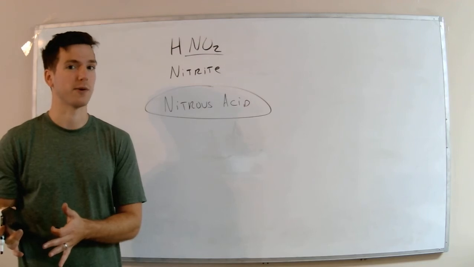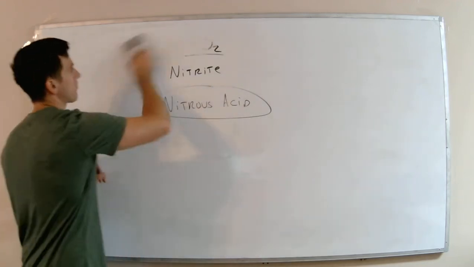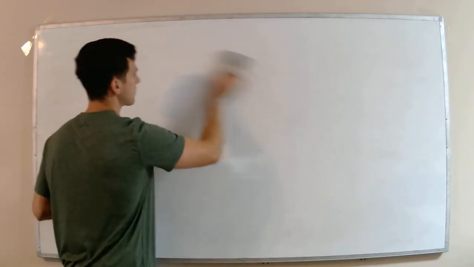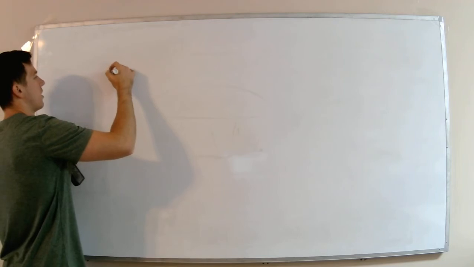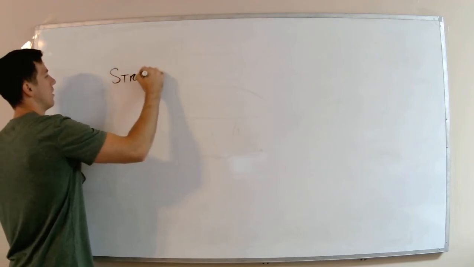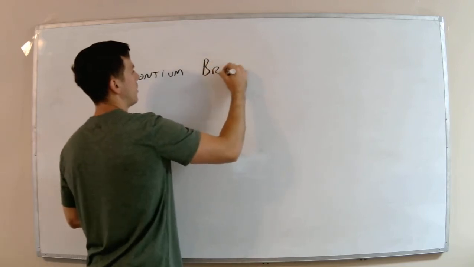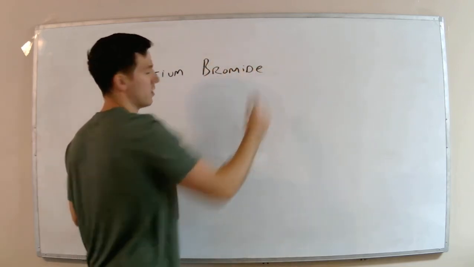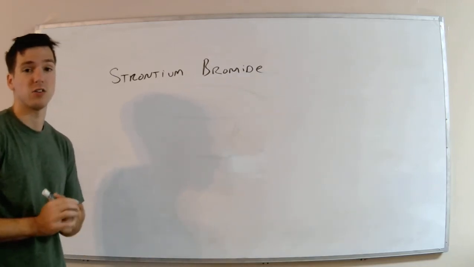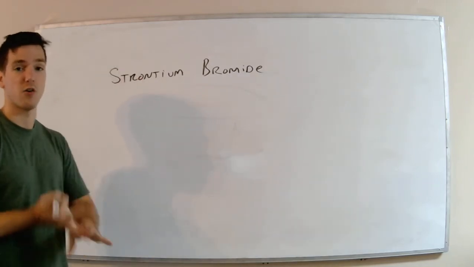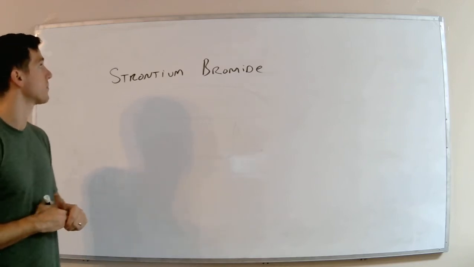Now let's go backwards. Let's go from name to formula. So say I have something, let's go strontium bromide. We can use our little chart of ionic, covalent, and acids to help us with this as well.